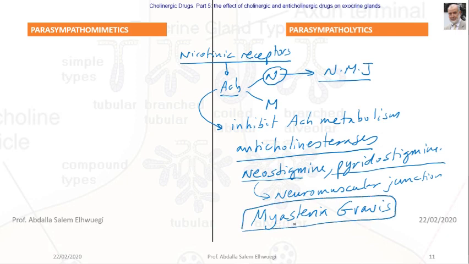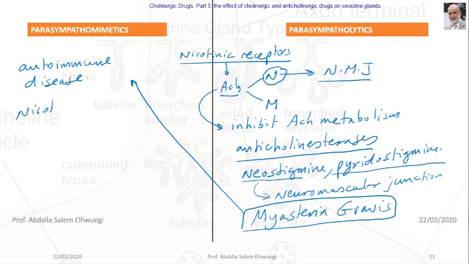What's myasthenia gravis? Myasthenia gravis is an autoimmune disease. What happens in myasthenia gravis? What does it mean, autoimmune? The body will consider nicotinic receptor as antigen.